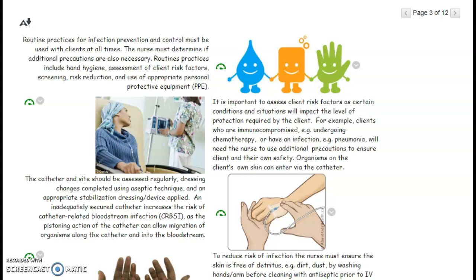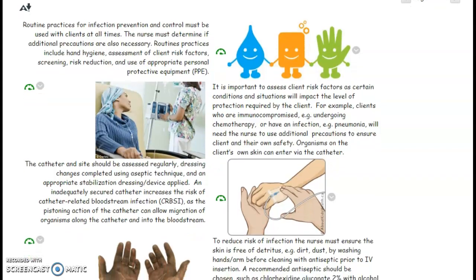It is important to assess the client carefully prior to working with IV fluids to ensure that the patient is not at high risk for infection. Patients who are immunocompromised, for example, or have an infection will require extra precautions.